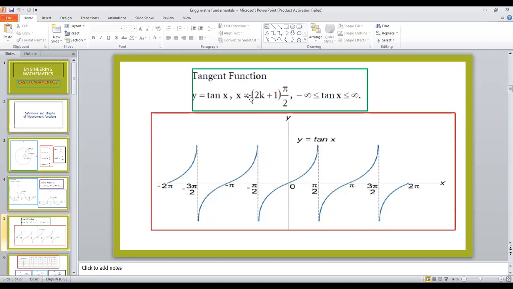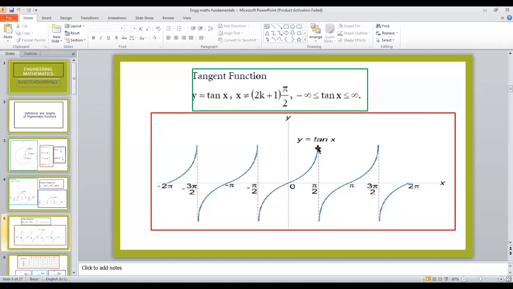The value of x should not be (2k+1)π/2, where tan x runs from -infinity to +infinity. See here, when you substitute x as 0, tan of 0 is 0.